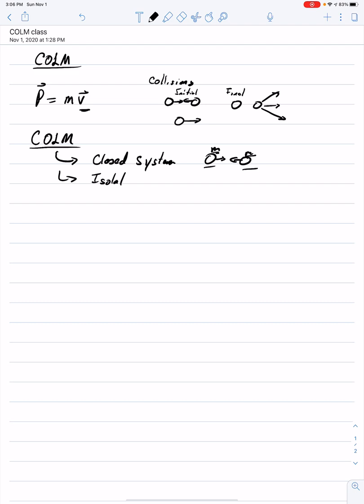Then we have an isolated system. An isolated system simply means that there are no external forces acting on your system. That's why it's called an isolated system. These are the only two objects at play at that moment. There's nothing else, no external forces entering that cannot cancel out. That's why the sum of all external forces is equal to 0. It doesn't mean that there are no external forces acting on the system.